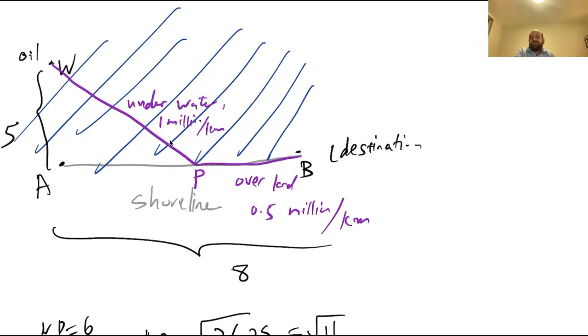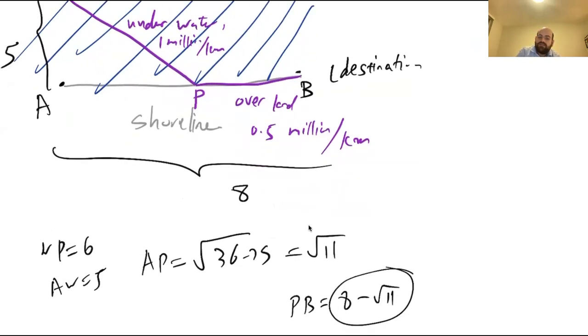And of course, it doesn't have to be extreme. Like I said, it's possible that WP is 6 and then PB will be 8 minus root 11, or WP could be 7, right? So I have infinitely many choices depending on the distance that I choose from P to A. This distance could be 0, could be 0.1, could be 1, could be 2, at most 8.